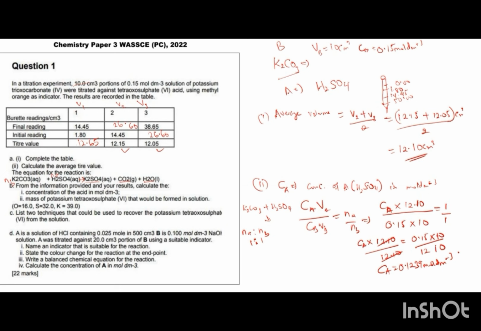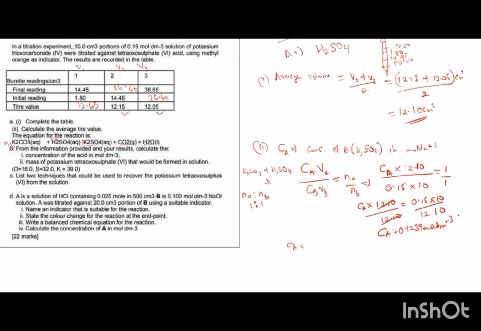Now, the concentration of A, because that's what we have. So the concentration of A in mole per dm cube will now be what? CA approximated to 2 decimal places will be 0.12 mole per dm cube.